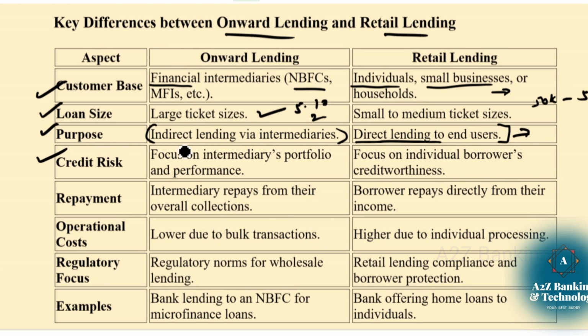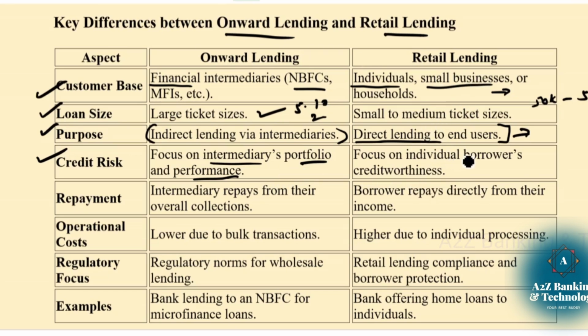So credit risk. In onward lending, credit risk majorly depends on the banks and NBFCs, and that is much safer because generally banks and NBFCs don't default in their repayment of loans unless there is an unavoidable situation or any mishappening in the economy.